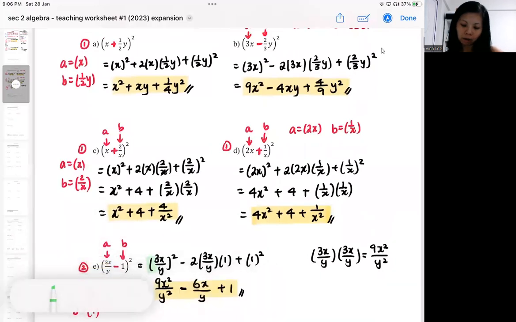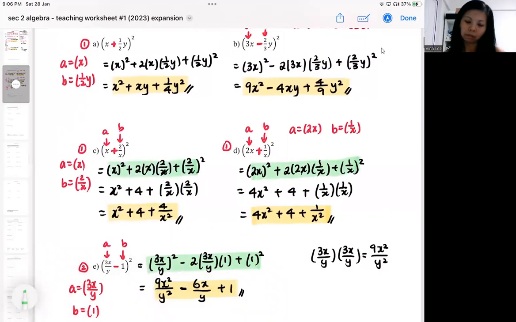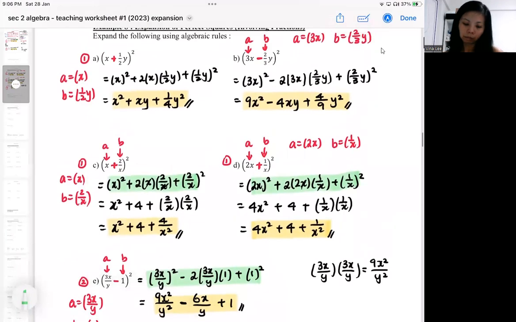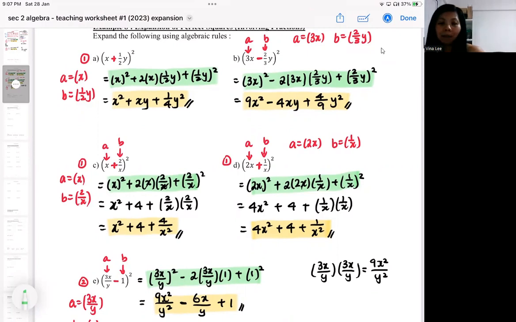Write down all the working that you need. Okay? So the green part is the working. The yellow part is your final answer. You can go straight to the final answer without being penalized. But if you're not able to achieve 100% accuracy, then don't try doing that.